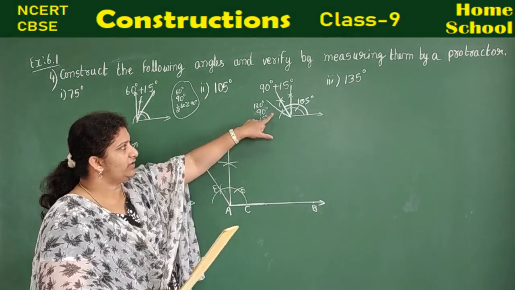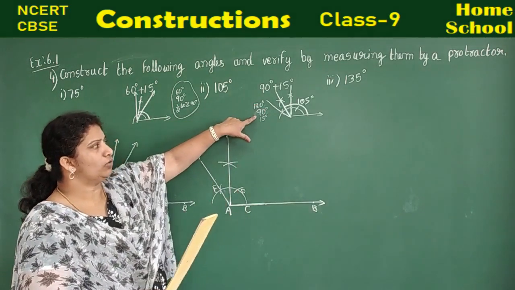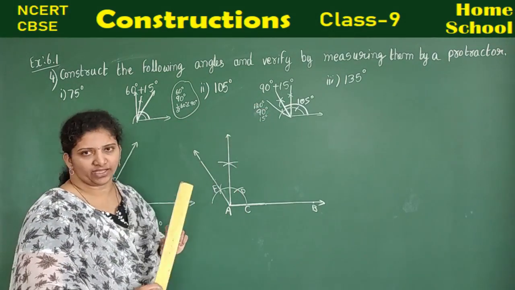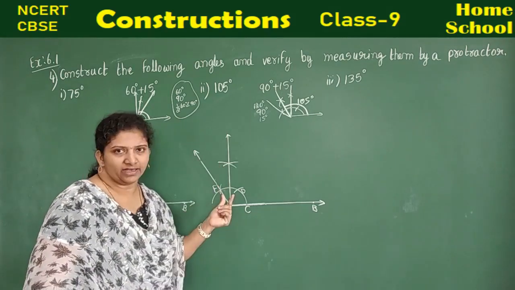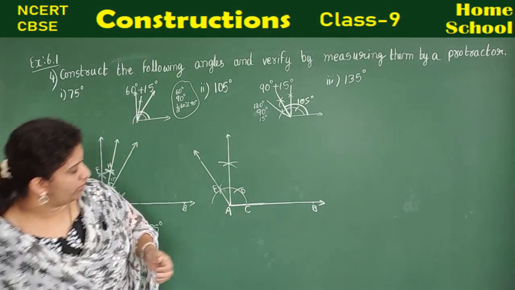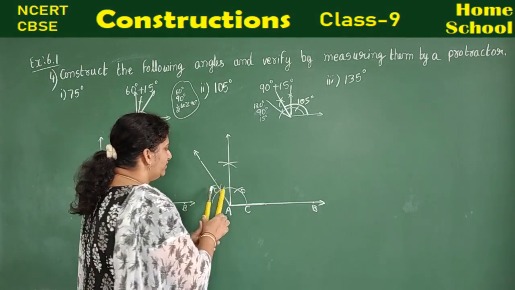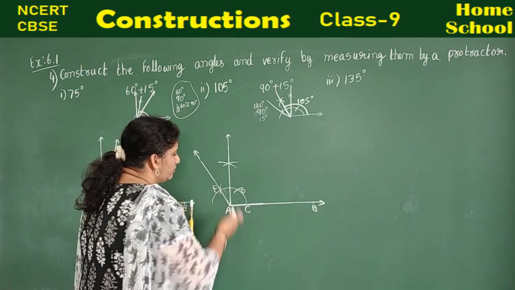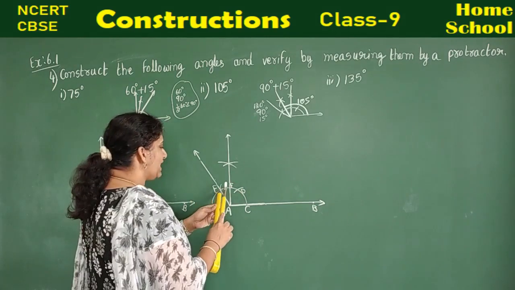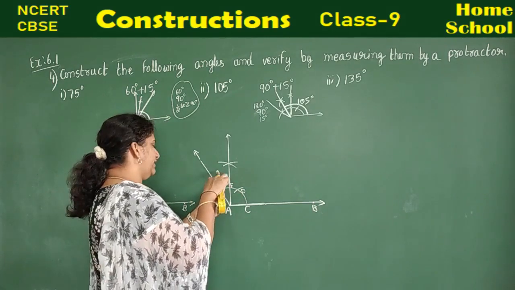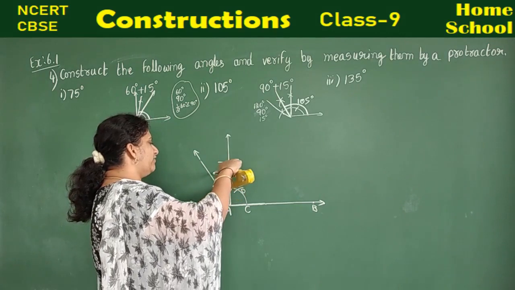Now what we need? 120 over, 90 over, then this side 15 I want. Right? So again these two angular bisector I need to draw. From where you are going to take? See here, from these two, mark the point as F you take here. From E and F as a center, more than half.